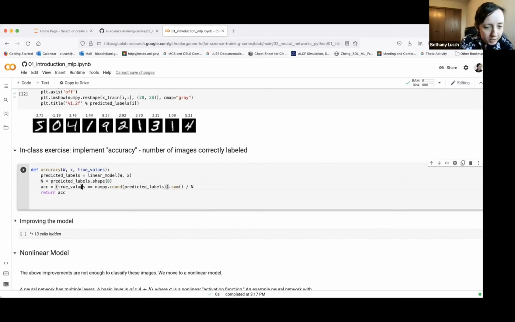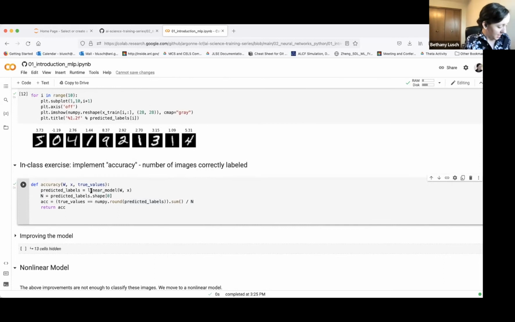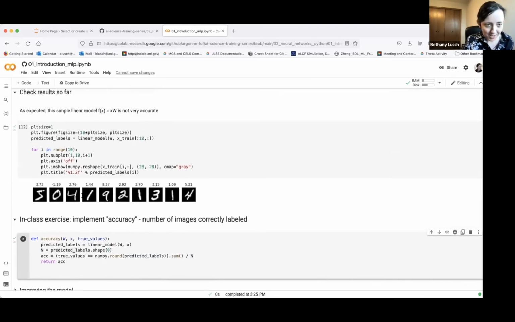So the true values should be a vector of integers, and this should be a vector of integers. This will check how many of them are equal and sum that up, which is one way to count how many of them are equal. And then I'm dividing by the number of images to get a percentage that are correct. Okay, as you can see, I was adapting that on the fly, so let's hope that works.